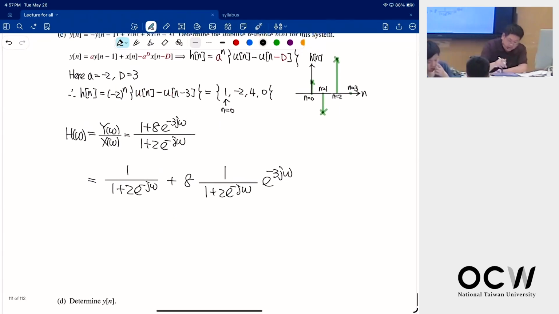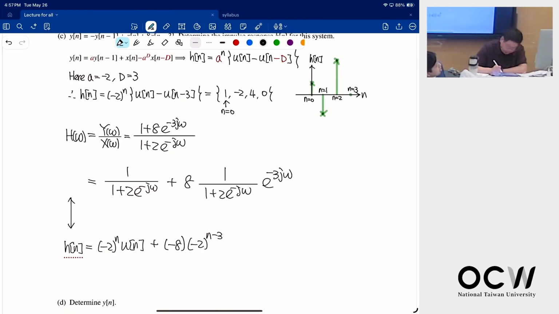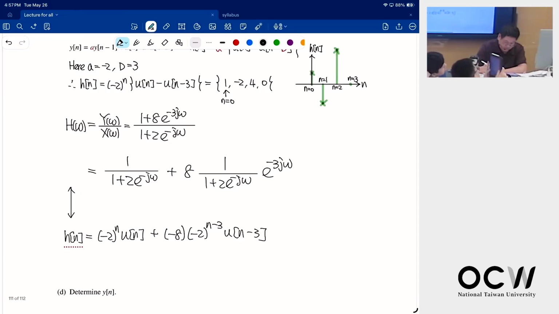So the inverse will be minus 2 to the n u[n], and for the second term I have minus 8 times minus 2 to the n minus 3, shifted by 3. Let's rearrange it. Minus 8 means minus 2 to the third.